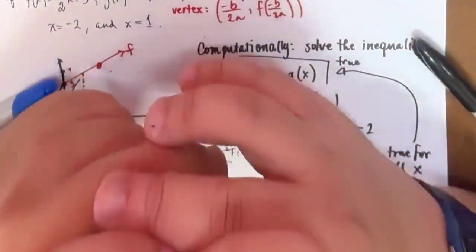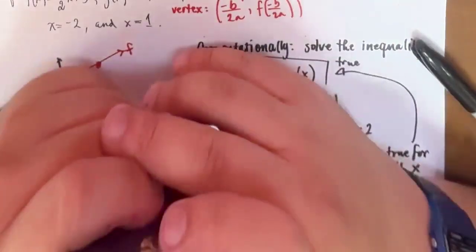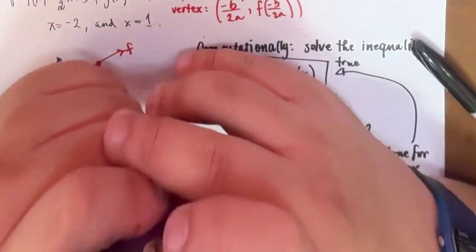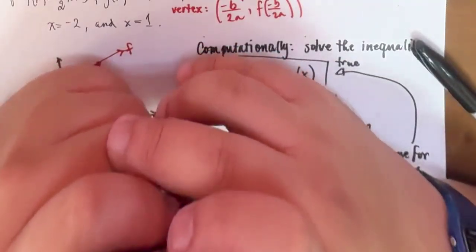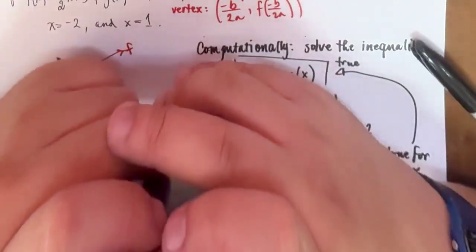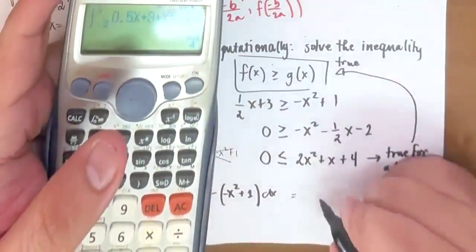So the integral of 1/2 x + 3 + x² - 1 from -2 to 1. The final answer is 33/4.